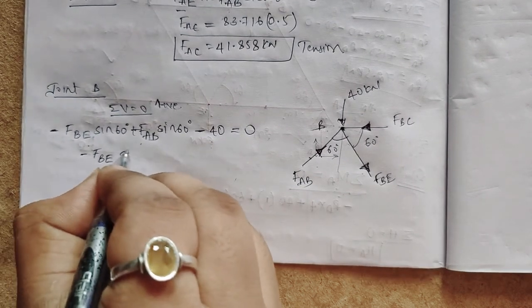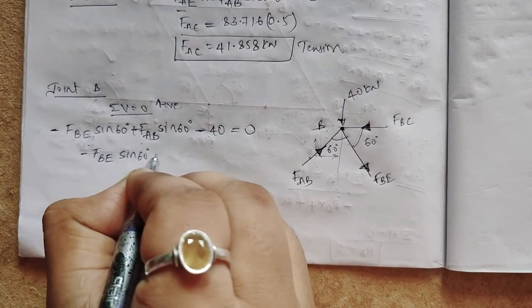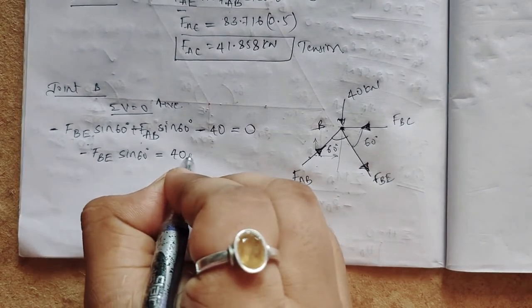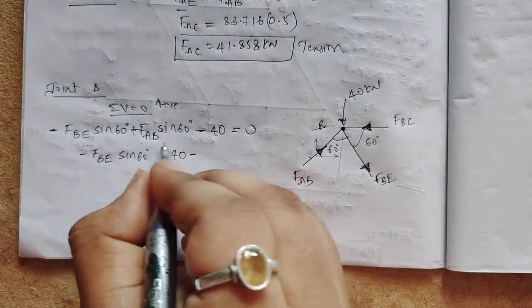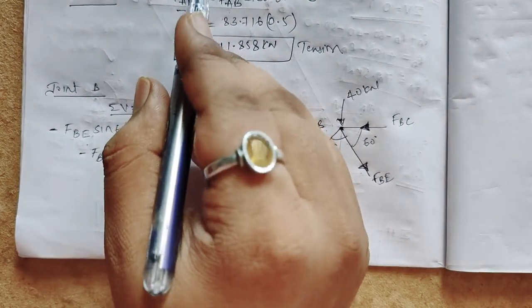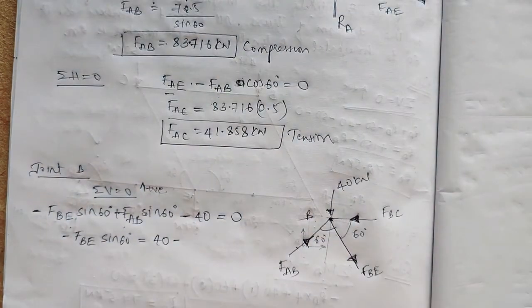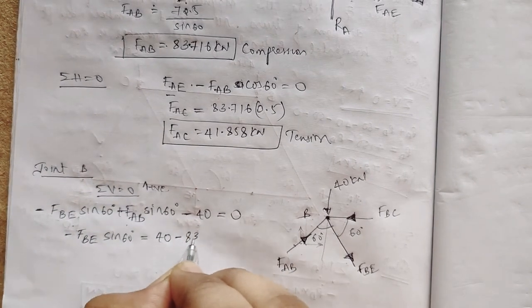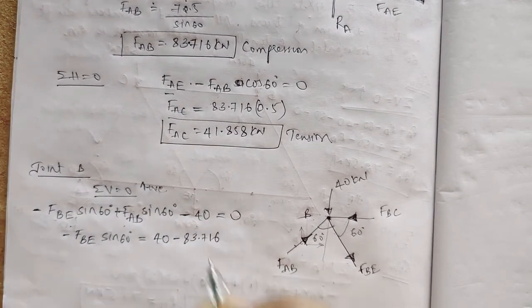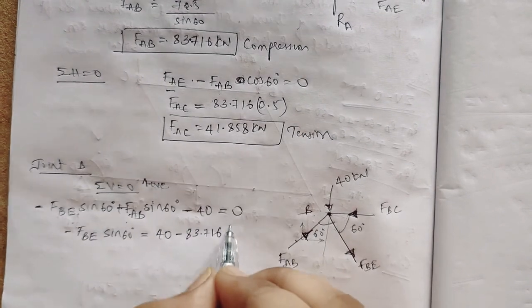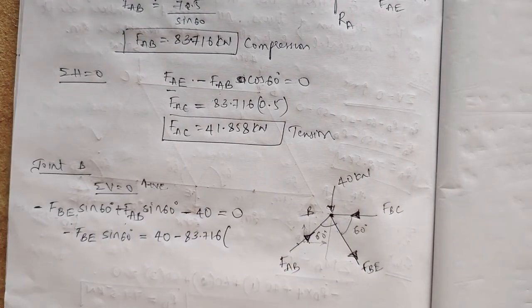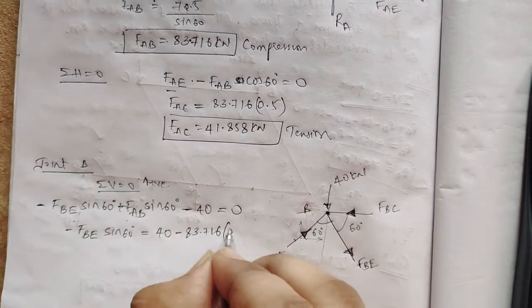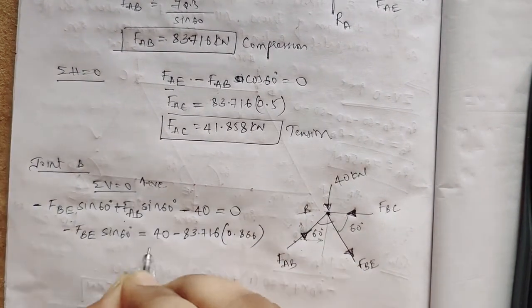Minus FBE sin 60 degree is equal to, I will send this 40 to that side, minus FAB. FAB is how much? 83.716 into sin 60, which is 0.866.